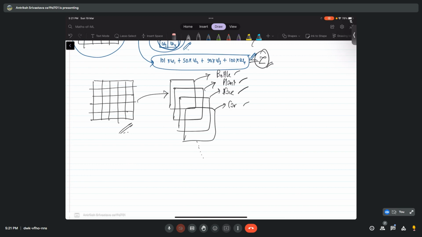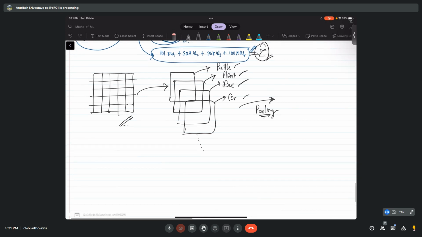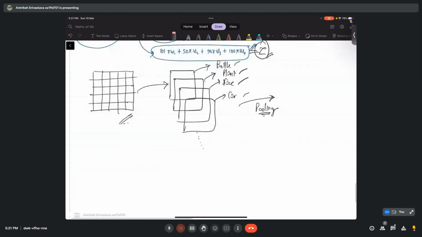Now here's the magic. Now comes the pooling. That is the most interesting part that I felt in convolution neural network. The amazing thing is you have a 3D matrix, so you will have 3D pooling. Let's say you have trained it.